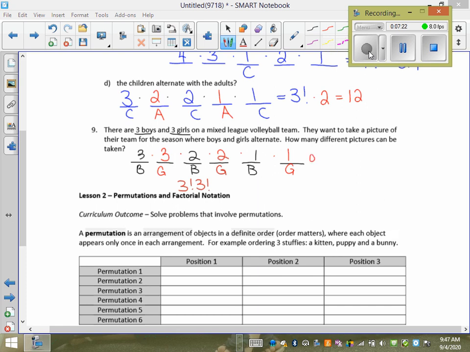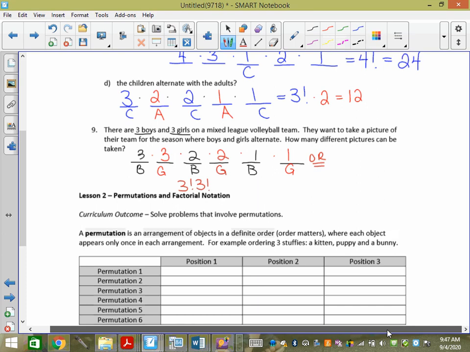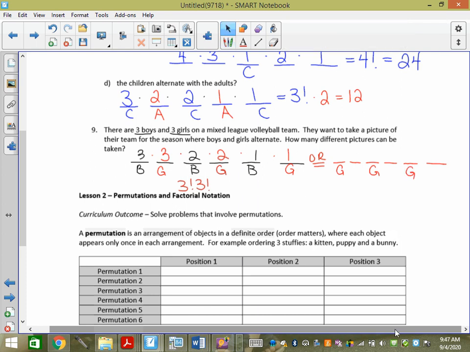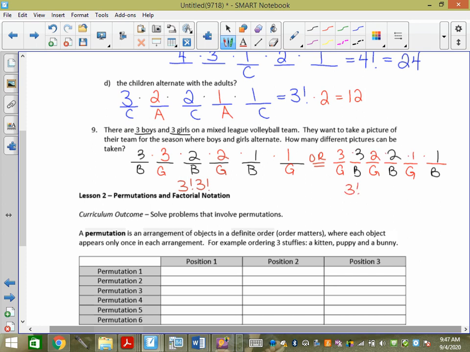Or, because there's an even amount, I can make it look different by going 1, 2, 3, 4, 5, 6. Girl, girl, girl, boy, boy, boy. Which is another 3 factorial, 3 factorial. And the or means you have to do what to them?